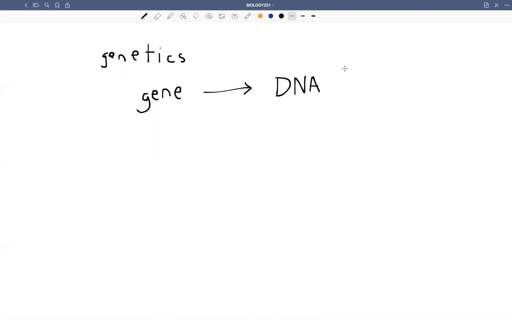DNA is basically an information-containing molecule that's present in our cells. When a person has children, or an animal or plant has offspring, they pass on their genetic information in the form of this DNA molecule. So this is the major anchor for what we talk about with genetics.